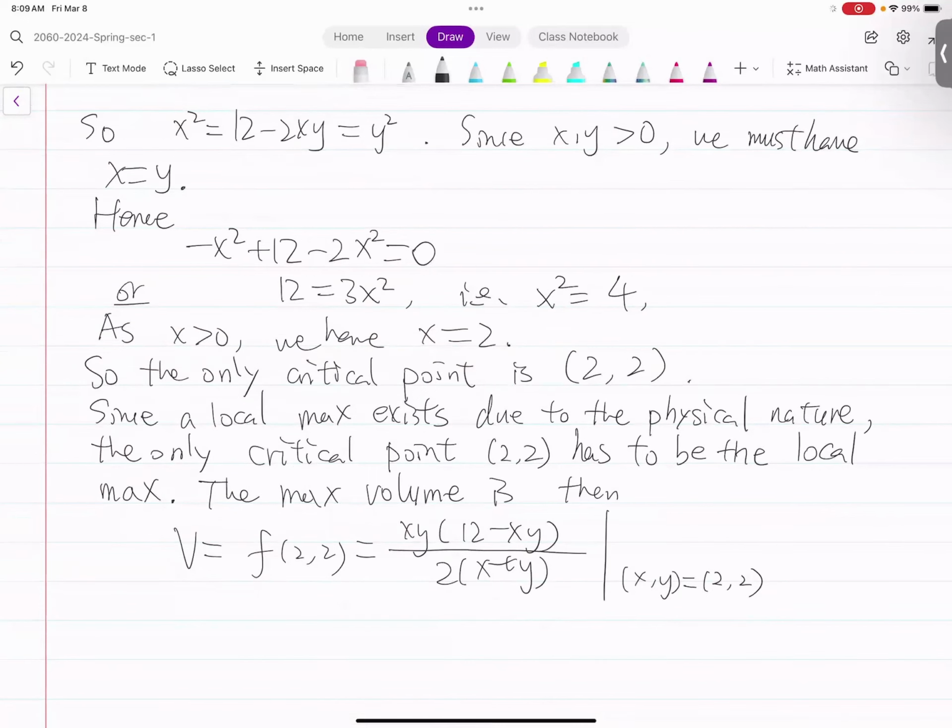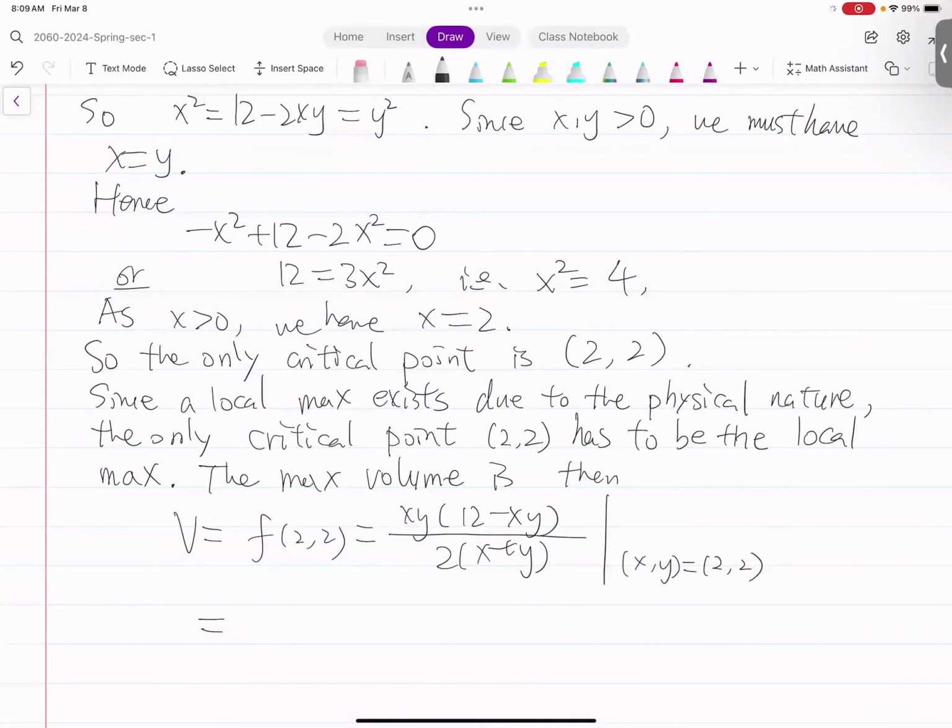And so this is pretty straightforward. Basically we have 2 times 2, times (12 minus 2 times 2). So you have 4 times 8, divided by 8. So 2 times 4, that's exactly 4. And the unit is meter cubed.